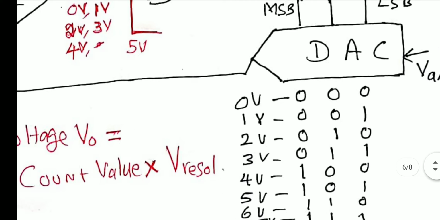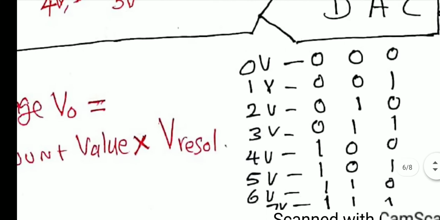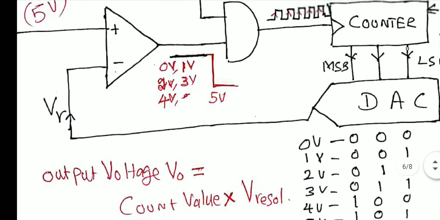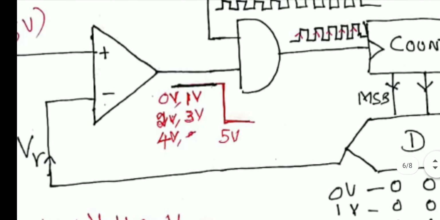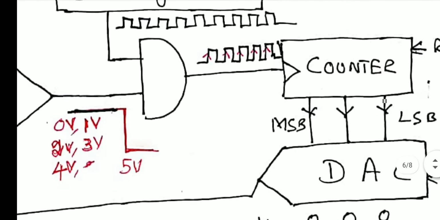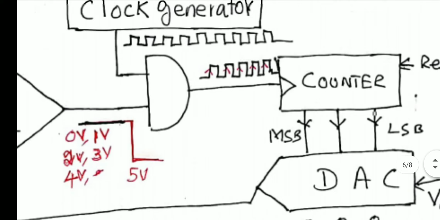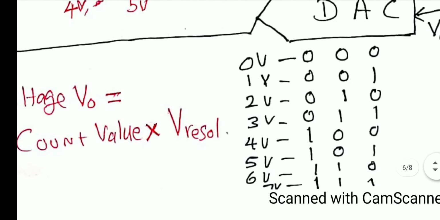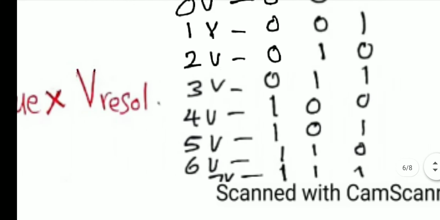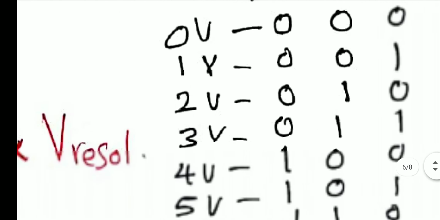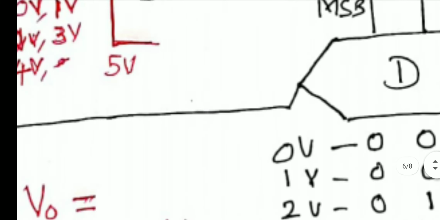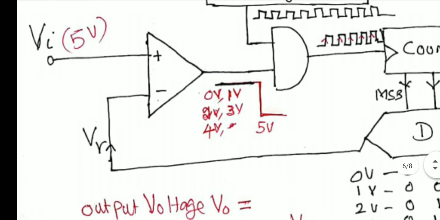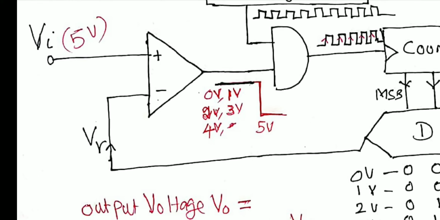The count value is 1 0 0, so the DAC output is 4 volt, and the comparator compares 5 volt with 4 volt. The output is high, the gate is open, the next pulse is given to the counter, and now the count value is 1 0 1. Hence the DAC output is 5 volt. Now the DAC output is 5 volt, and the unknown voltage is also 5 volt.